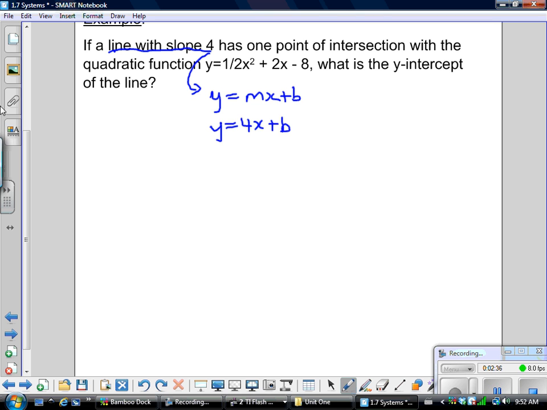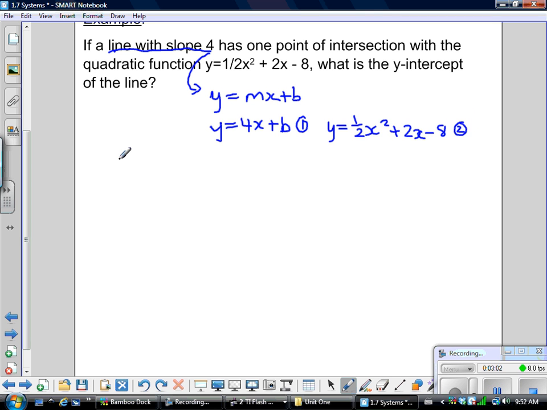The same kind of thing as before, I'm going to use this equation as my first equation, and my parabola is my second one. So I'm labeling them. That was the first step of solving a system.